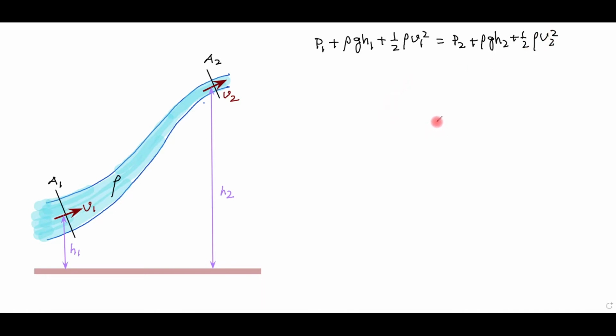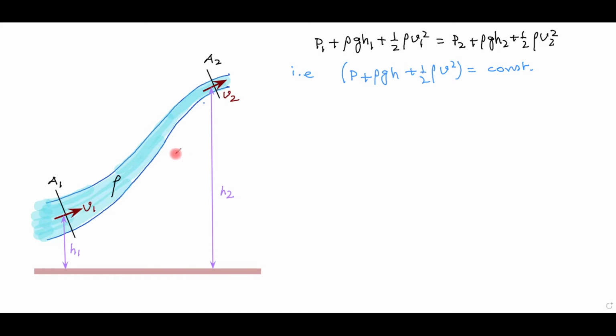Or in other words, P plus rho g H plus half rho V square. The value of this expression does not depend on the cross section through which the liquid is flowing. Value of this expression as per Bernoulli's equation is constant.